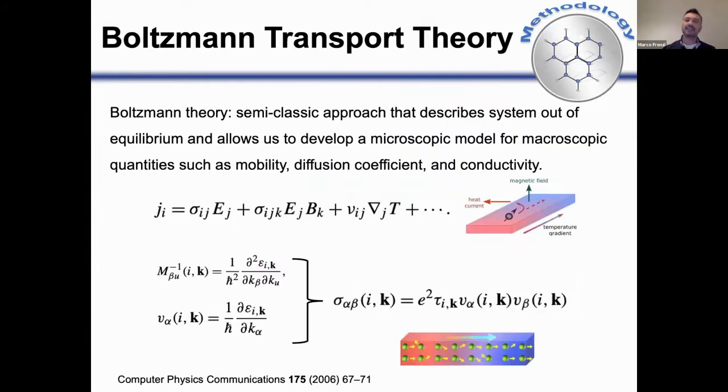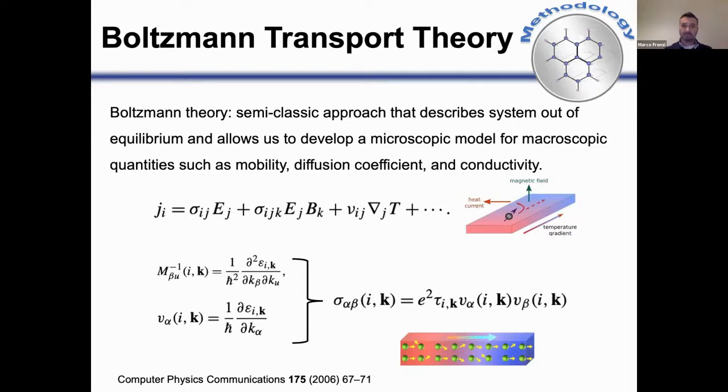However, to study the parameters that are fundamental for thermoelectricity, we need to go beyond density functional theory, and we have to use the Boltzmann transport theory, which is an approach that allows us to describe a system out of equilibrium.